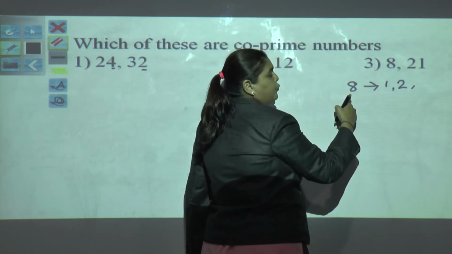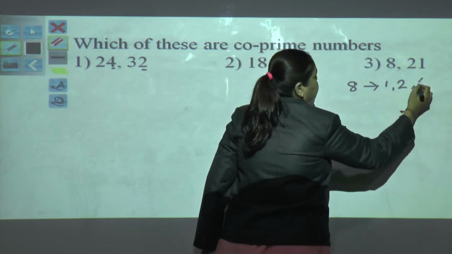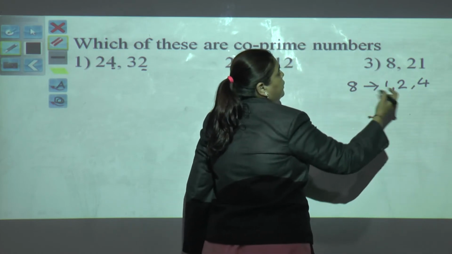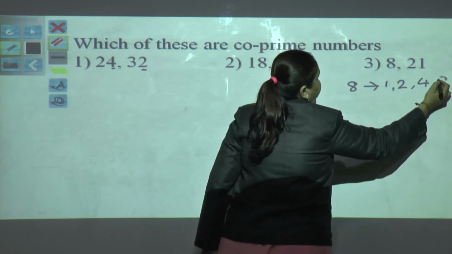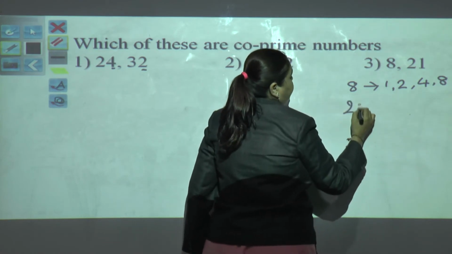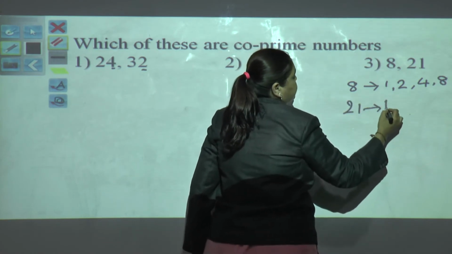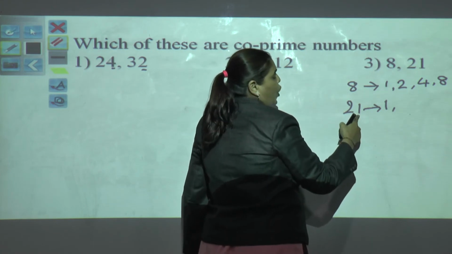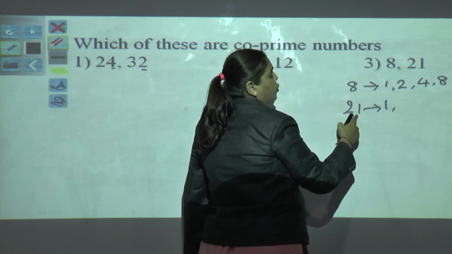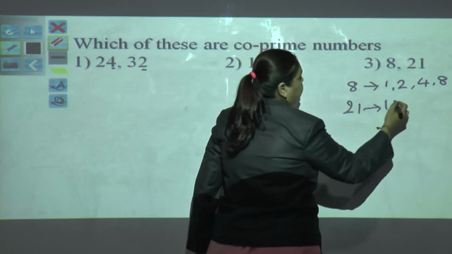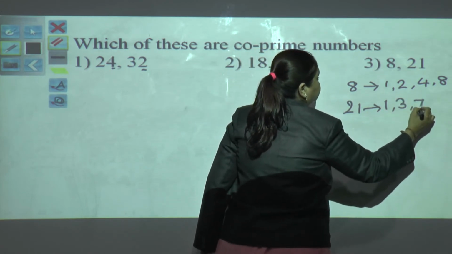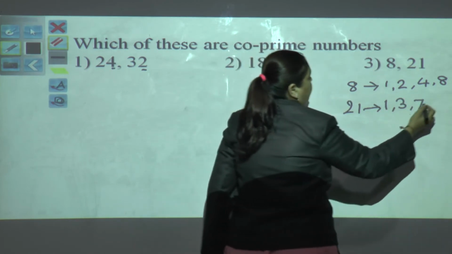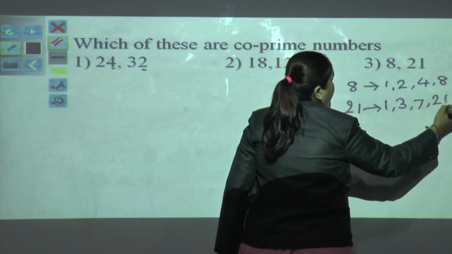No. We will try with the 4 table. 4 2s are 8, and the number itself, that is 8. What are the factors of 21? 1. Is it an even number? No, it's an odd number, so it will not go by 2. We have to try with 3. 3 7s are 21, and this is 21.